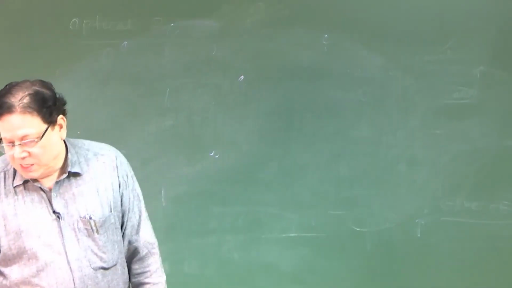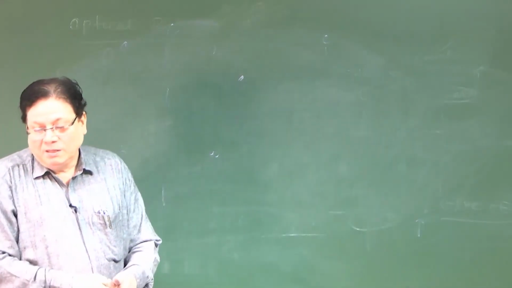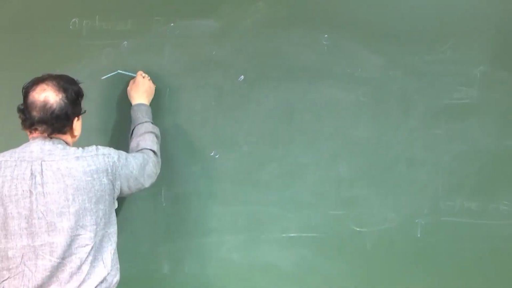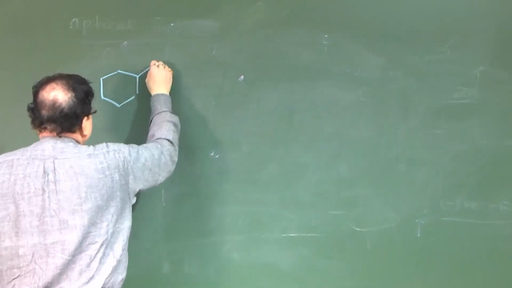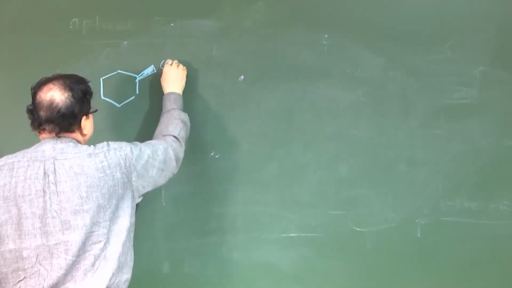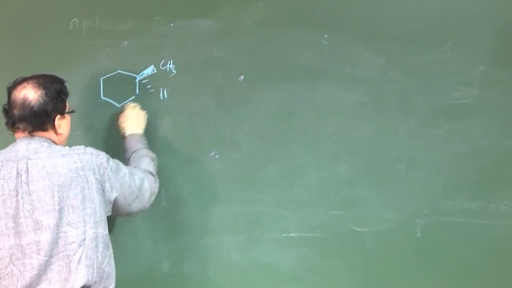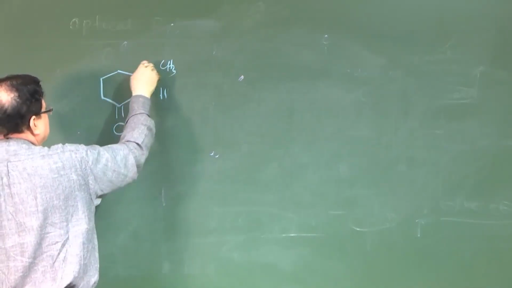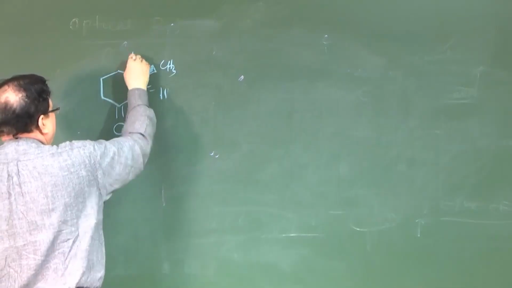So, let us take one problem now, the conformation of this molecule, 3R. This is 1, this is 2, this is 3, so that is the R configuration.